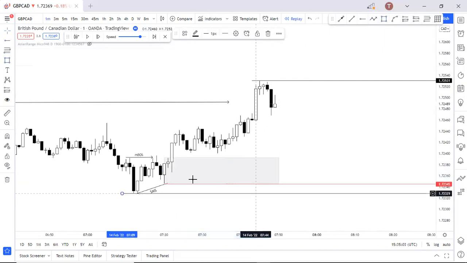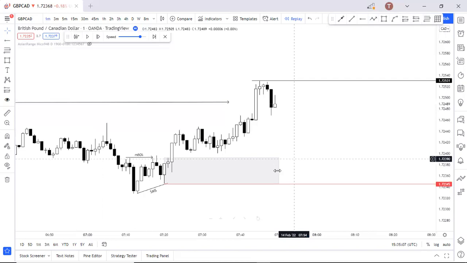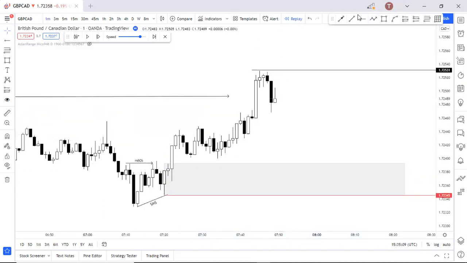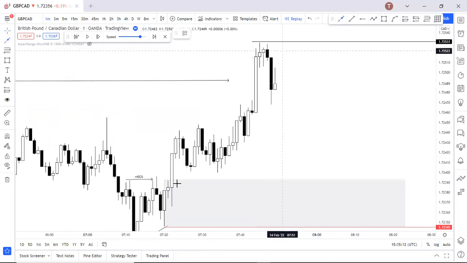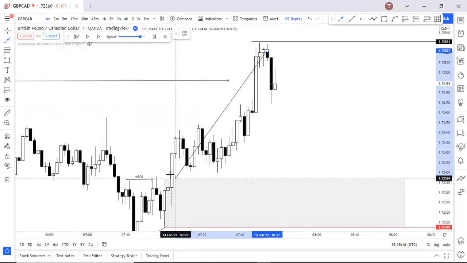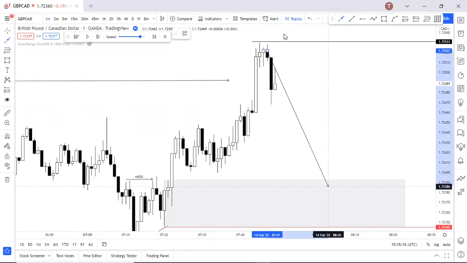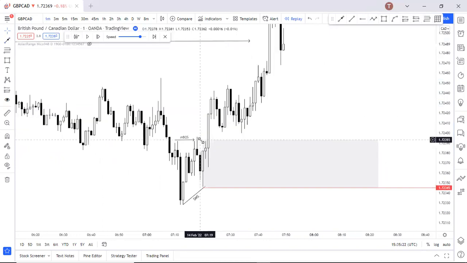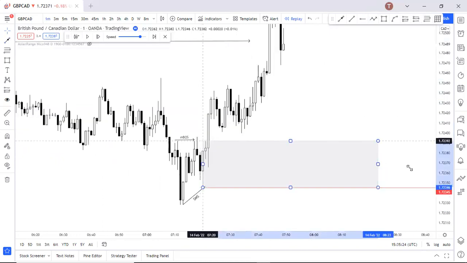Let's delete this. If I was to get into the trade, I will want price to come back from here and fill this imbalance, fill this gap that was left behind right here. So I had my buy limits placed at this 1 minute imbalance fill.